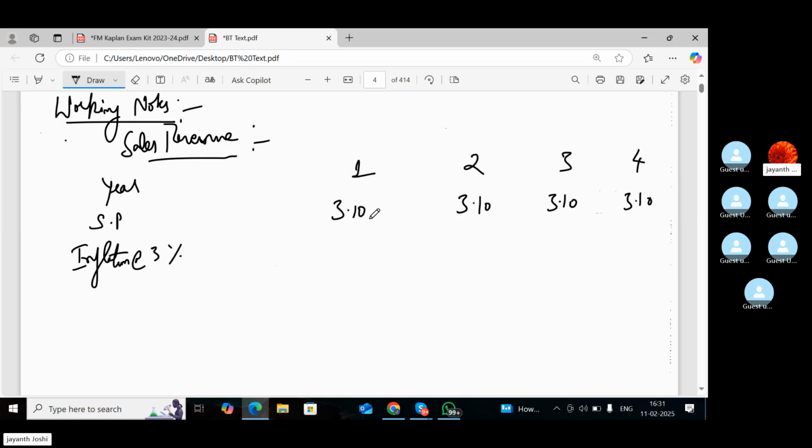3.10 into 1.03. That's going to be 3.19. I'm going to write that point also. 3.10 into 1.03. Then 3.10 into 1.03 whole square. So there are many ways to do. Either you can take 3.19 and multiply it directly by 1.03, you'll get the same answer.